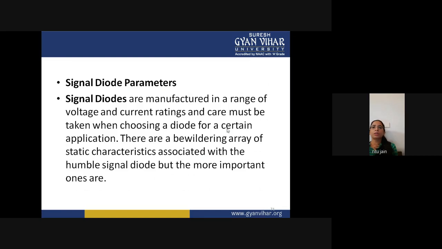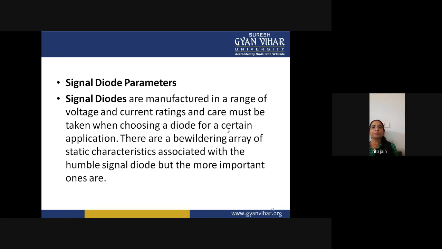Care must be taken when choosing a diode for a certain application, because the rating is very important for any component you are using in any circuit. Without the rating, you will not be able to decide how much voltage it can tolerate, or how much current can flow into the diode.